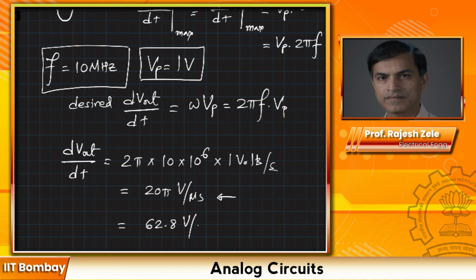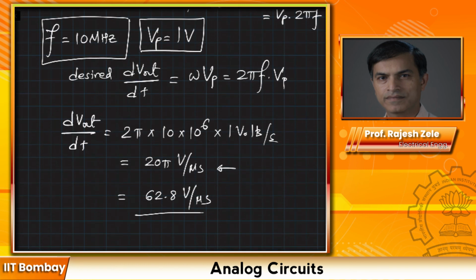So what will happen if we use this op-amp and we give this input signal? Let's say we draw this again.